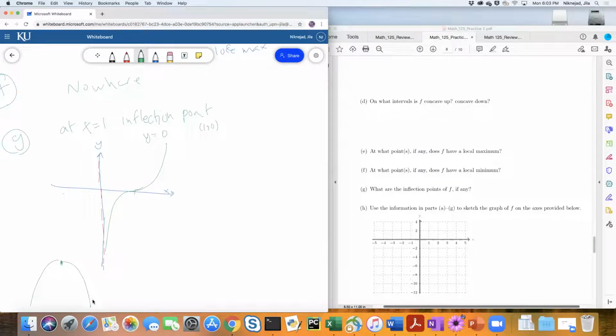And this side is asymptotic toward that way, but that one is going to infinity. Okay, do you guys see what I see?